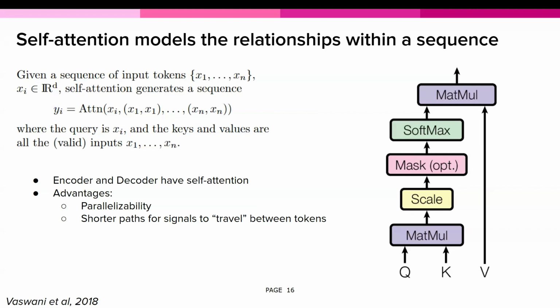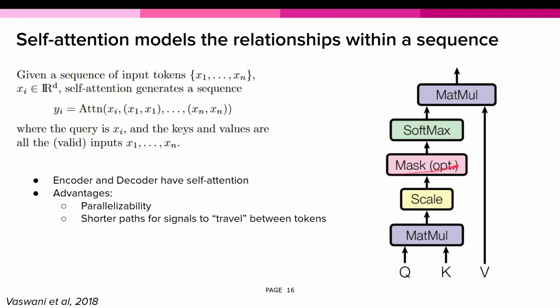These vectors enable each token to attend to all other tokens to create that rich context-aware representation that we want. So the process begins with each token's query interacting with the keys of every other token to measure the similarity. This is done through a matrix multiplication. These are then scaled and a softmax is applied to normalize the scores into attention weights.